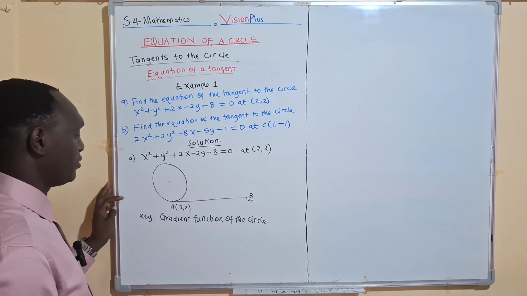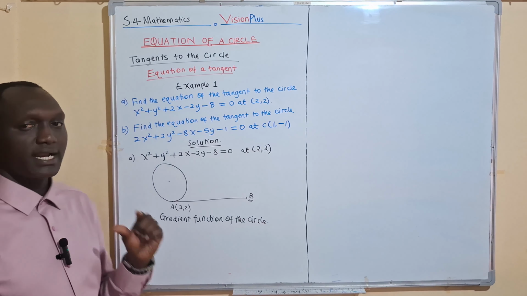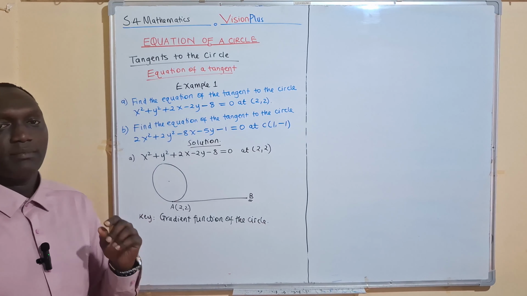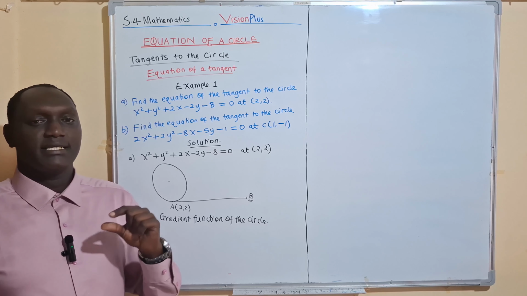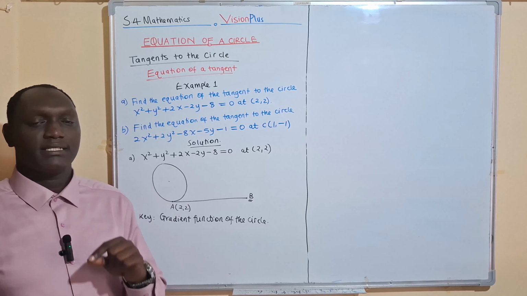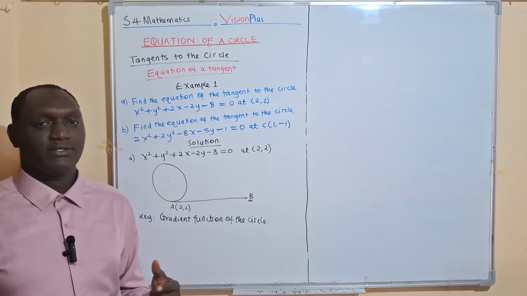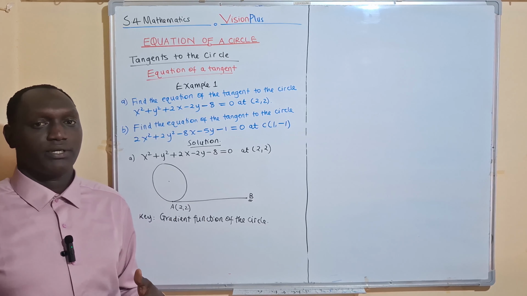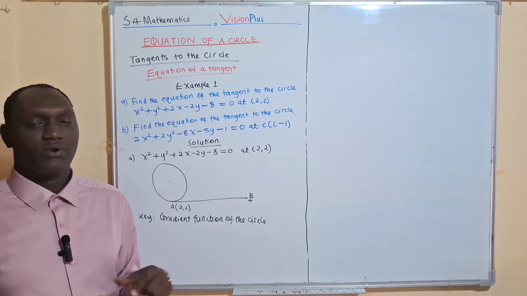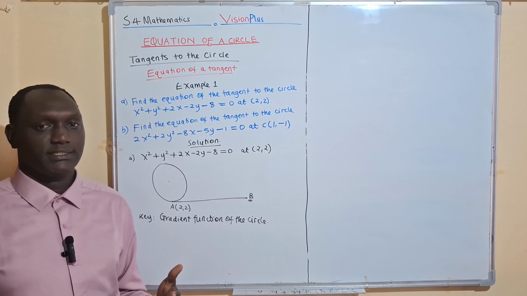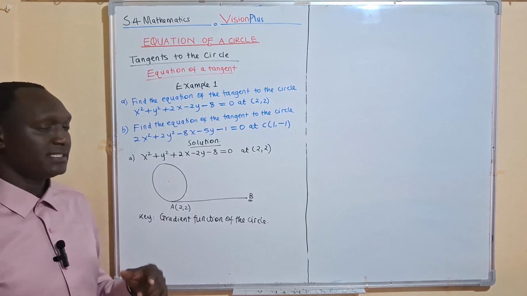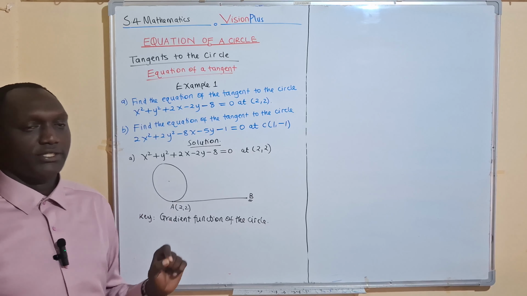What is the purpose of the gradient function of the circle? It gives us the gradient, or the slope, of the circle at any point P that we define as the locus of all points.